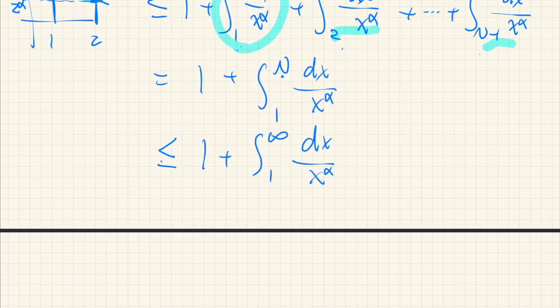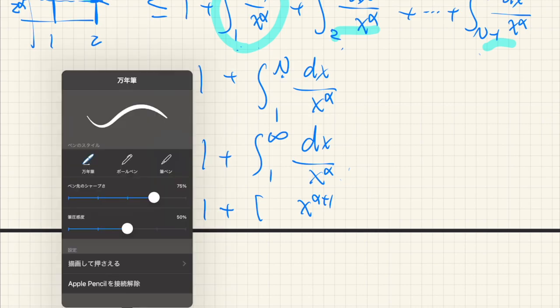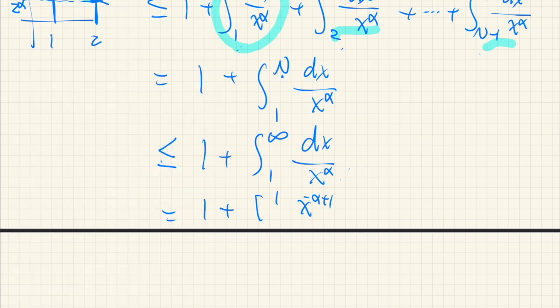And if we integrate this, we have 1 plus x to the power of negative alpha plus 1, divided by negative alpha plus 1, from 1 to infinity.